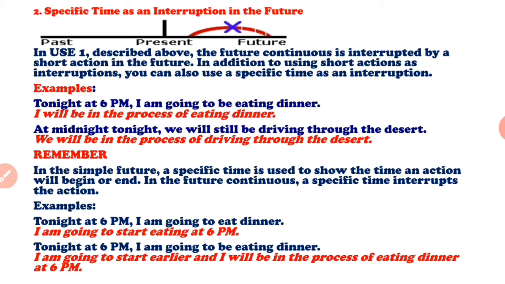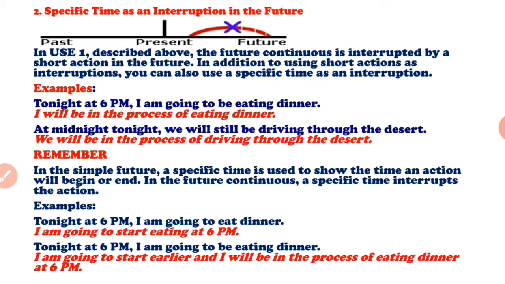In the simple future, a specific time is used to show the time of an action. Yes, it means in future indefinite, specific time will be used to show when an action begins or ends. Yes, students, we can say it may show the beginning point or ending point. In the future continuous, a specific time interrupts the actions.